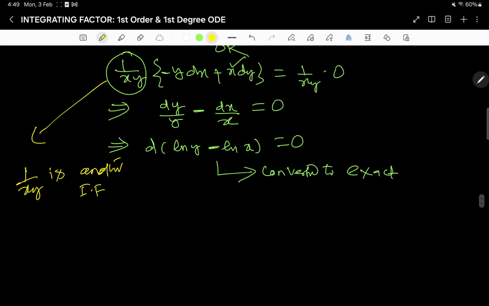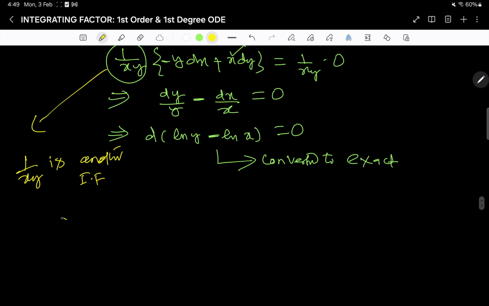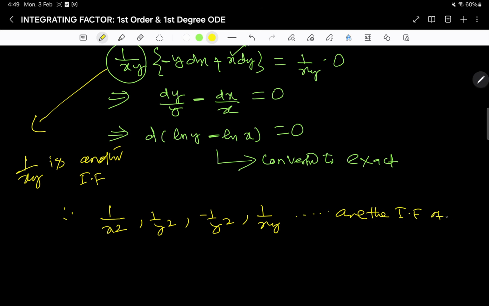So how many integrating factors? We are getting 1 by x square, 1 by y square, minus 1 by y square, 1 by xy, etc. as integrating factors of equation 1.